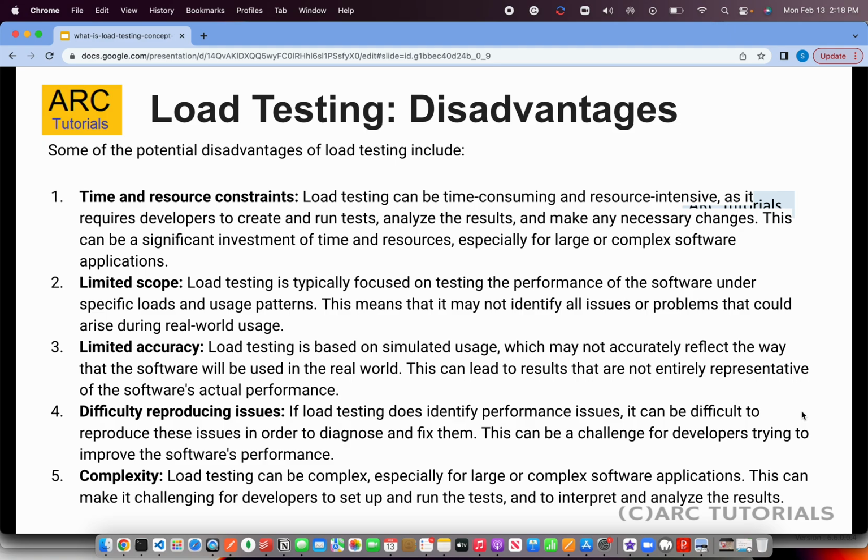Limited accuracy: load testing is based on simulation, like I said, which means again the results can vary in the real world. Some of the issues that the QA team will report will be really difficult to reproduce because they happened over a period of time.